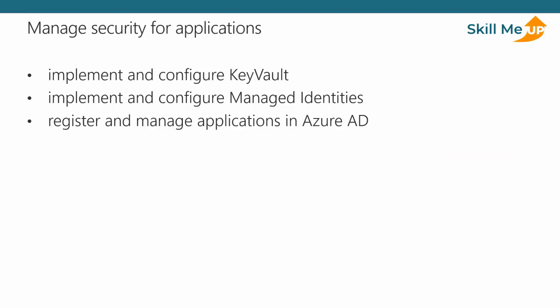If you have an application out there that's storing your certificate, that application does not need to update that certificate. There are actually functions within Key Vault to allow you to automatically update certificates. And when you do that, the application just needs to be able to read that certificate. They don't actually need to be able to update it. You have the Key Vault service that is actually going to do the updates for that certificate, and then those applications can come and grab those updates as they happen.